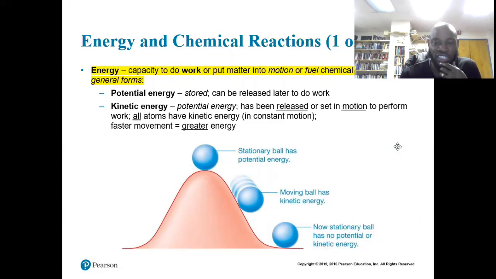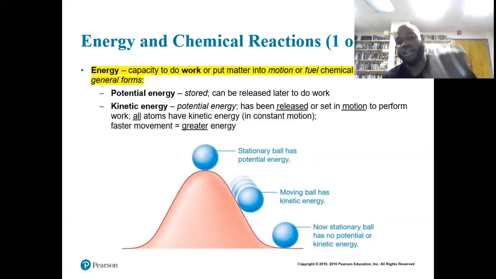But here's a good example. Potential energy is stored and can be released later to do work. So if you see the ball here at the top of the hill, if I let it go, it's going to roll down this hill. So it has the potential to roll fast and gain speed down this hill. Kinetic energy is potential energy that has been released or set into motion.